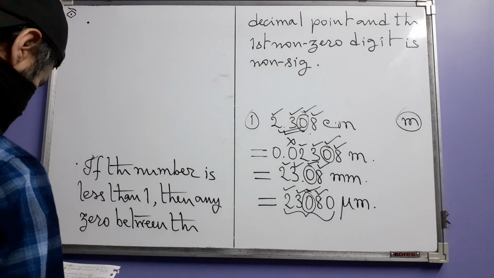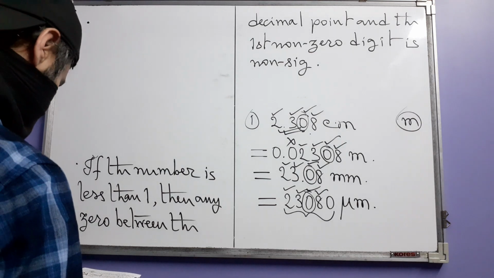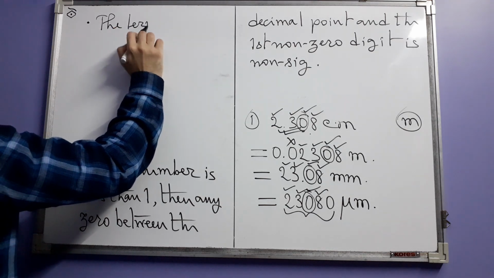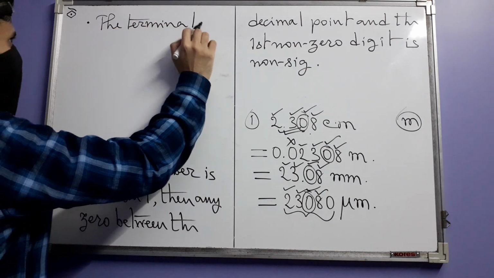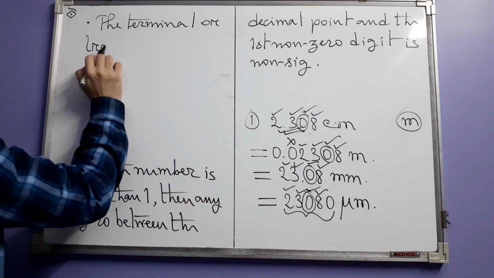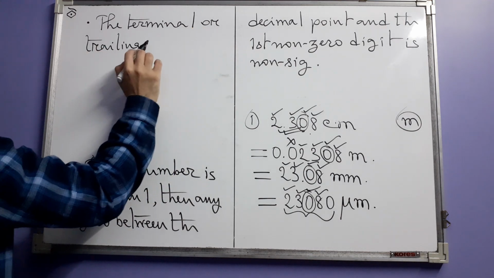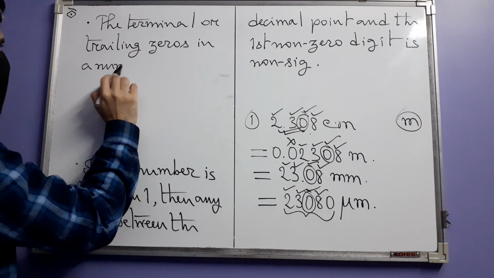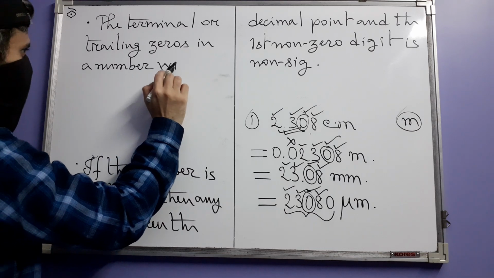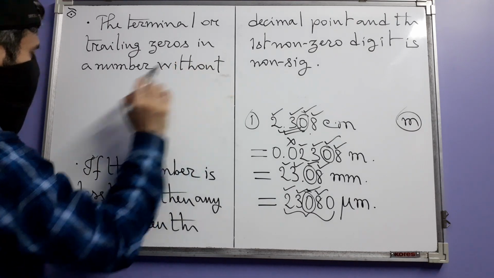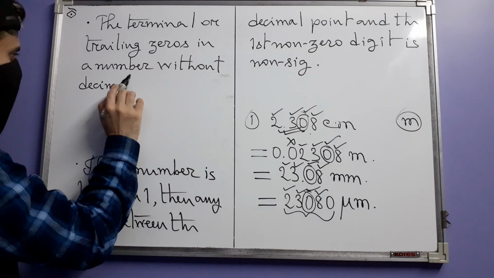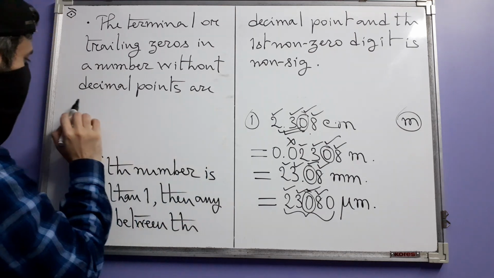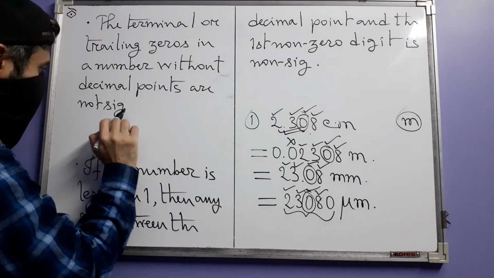This rule says that the terminal or trailing zeros in a number without a decimal point are not significant.